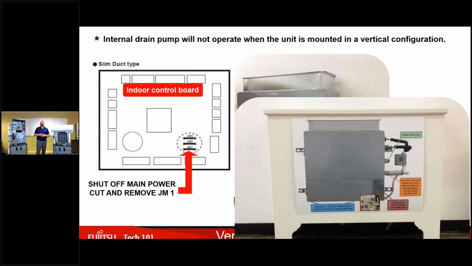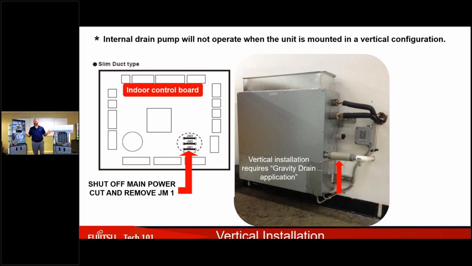Now also, when we are doing this unit in a wall mount horizontal application, we always want to make sure that we remove the JM1 resistor. So if you look on the main control board, which is located right over here, on the bottom right-hand side of that control board, you'll see this little circle with the dots around it, and it'll have 3 resistors on it. They're labeled, but they're a little bit tough to see. We want to cut the bottom one out, and basically what that does is it cuts the power to the condensate pump.